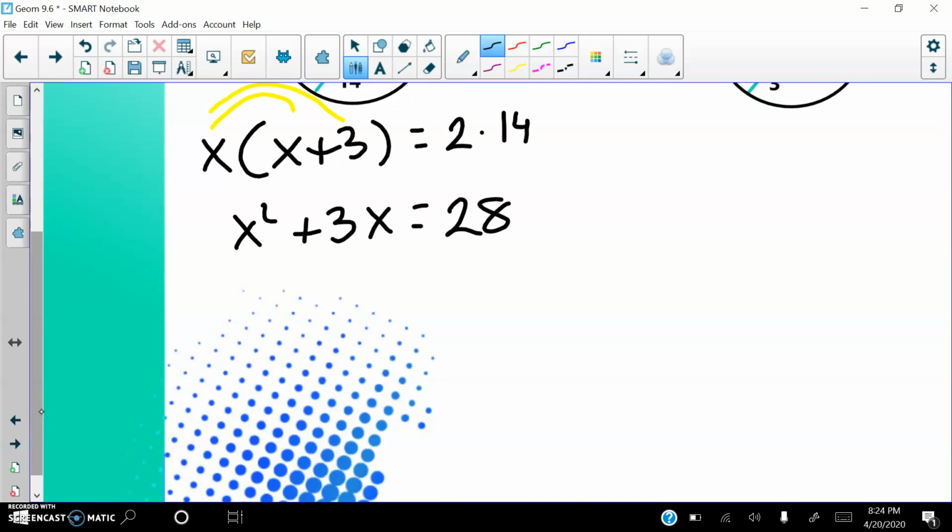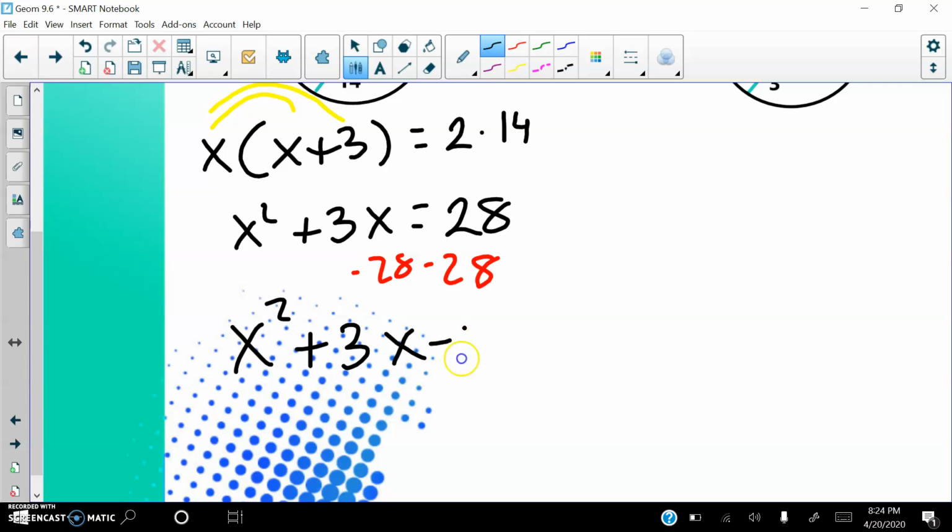And this looks like a problem from 9.5, which was factoring. I got to get this equal to 0, so I'm going to subtract 28 from both sides. And I get x squared plus 3x minus 28 is equal to 0. And this is something I can factor. I need two numbers that multiply to negative 28 but add up to 3.